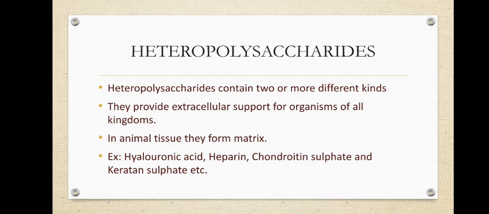Heteropolysaccharide contains more than one type of monosaccharide unit, which means on breaking you get more than one type. They can be repetitive disaccharides or repetitive trisaccharides. Examples of these heteropolysaccharides are hyaluronic acid, heparin, chondroitin sulfate, and keratan sulfate, and many more.